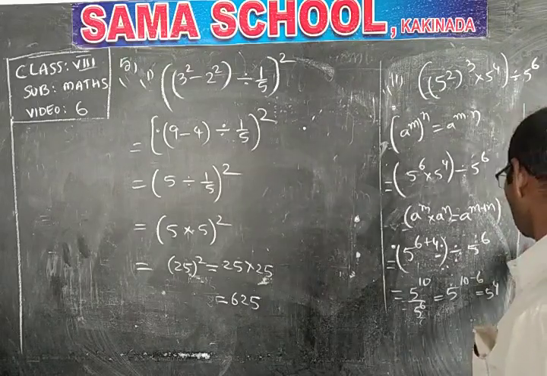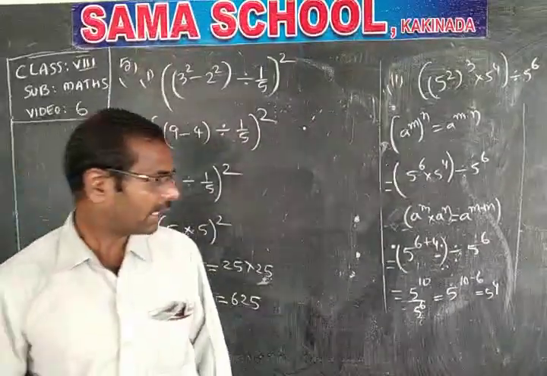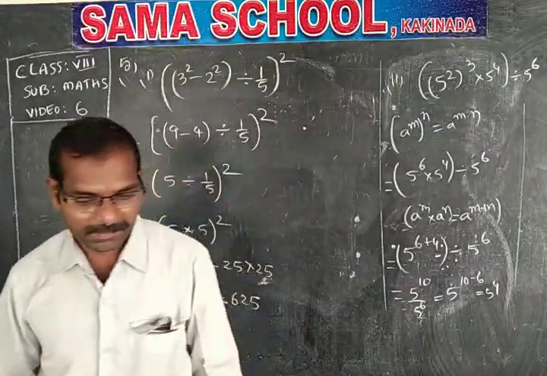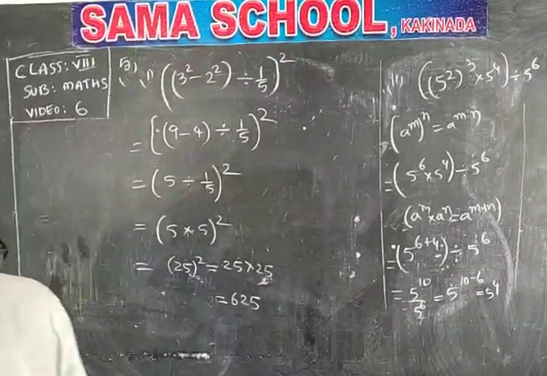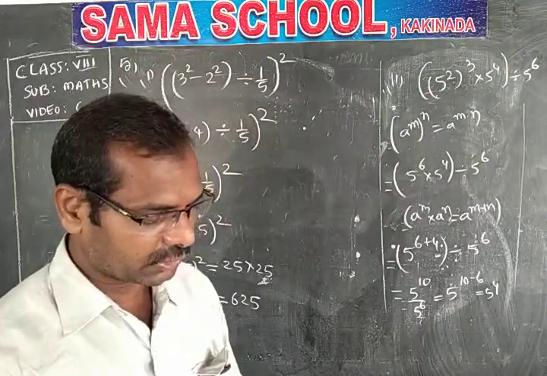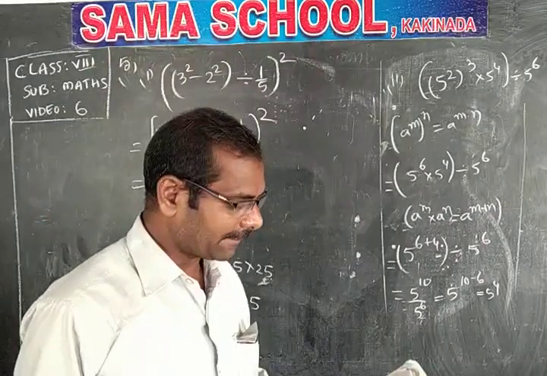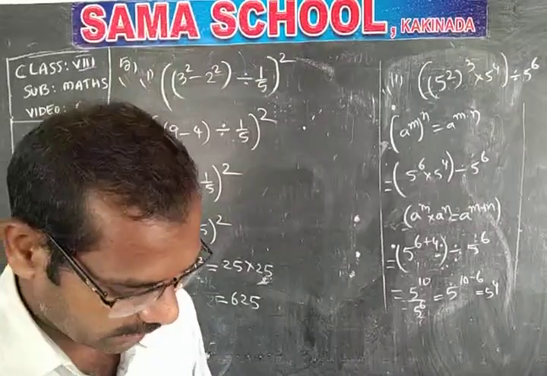What is the answer? 5 power 4. Again 5 power 4 means you can write it as 625. Successfully completed up to 5 Romans now. Now let us see the 6th Roman. The 6th Roman is a little bit different. I'll explain.